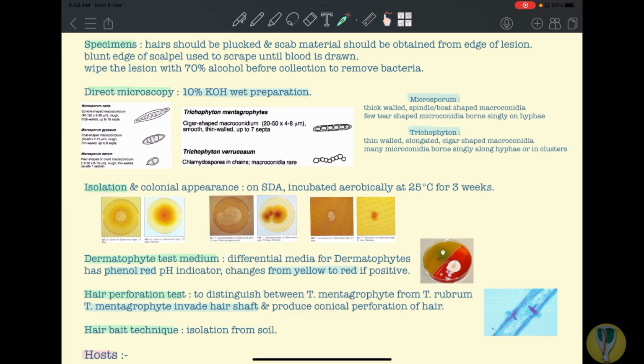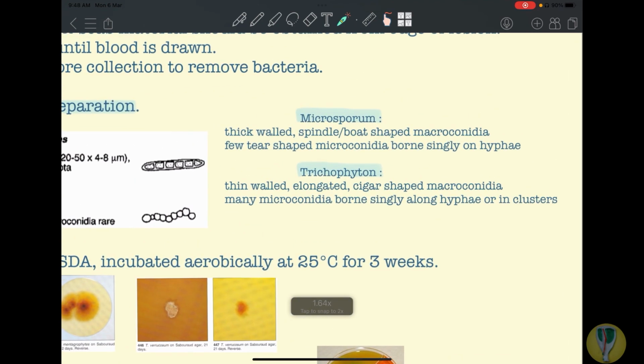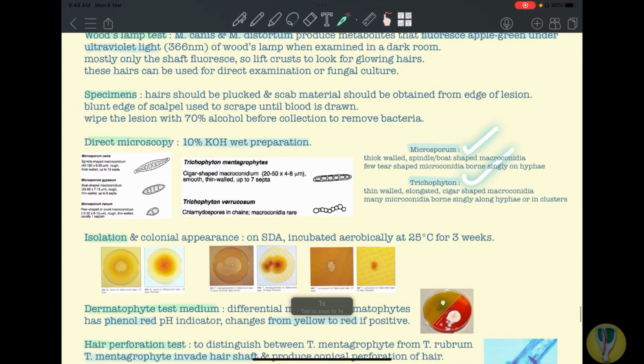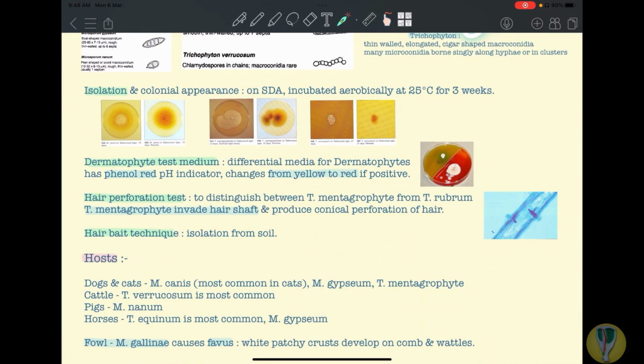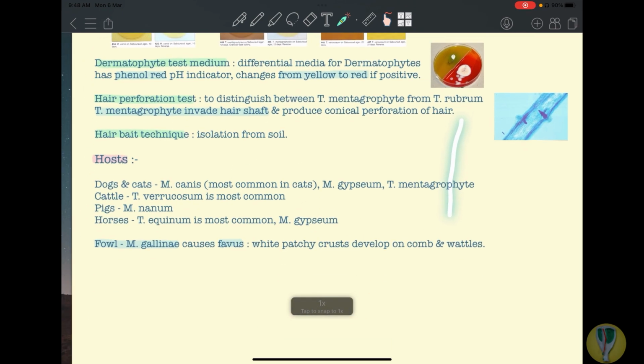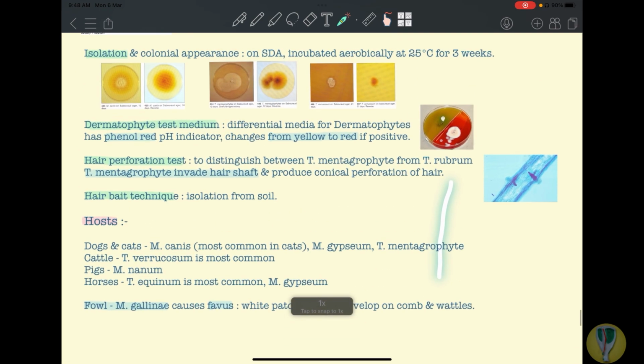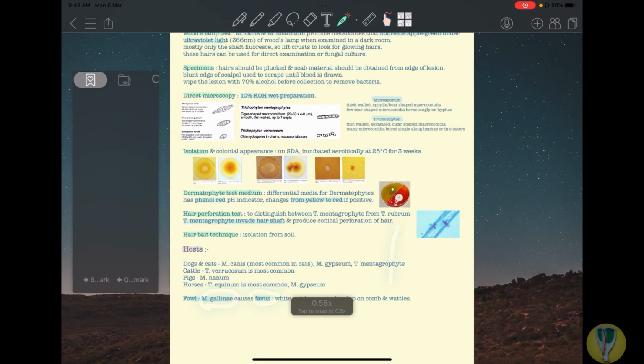Okay, for direct microscopy, we should go for 10% KOH wet preparation. There, you should see the difference between Microsporum and Trichophyton. Then, for isolation, you can do it on SDA or dermatophyte test medium, DTM. Then we have hair perforation test and hair bait technique. Hair bait technique is used to isolate dermatophyte from soil, so it is used for geophilic dermatophytes. Then the natural hosts. In this, you have to remember favus is caused by M. gallinae. So this is it for dermatophytosis.